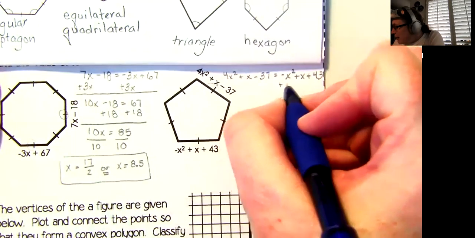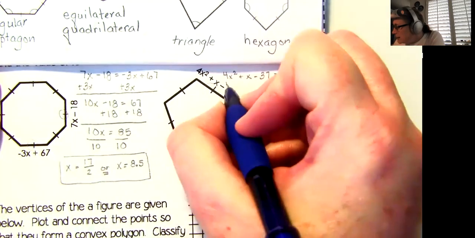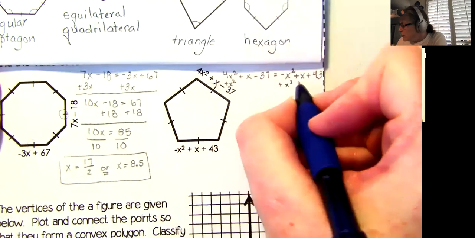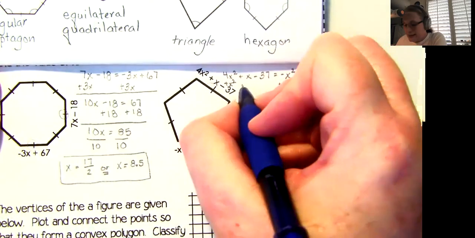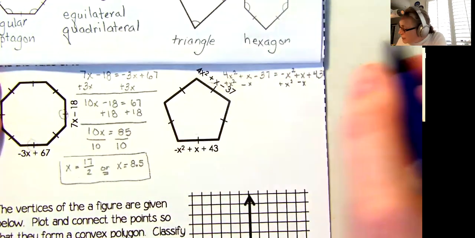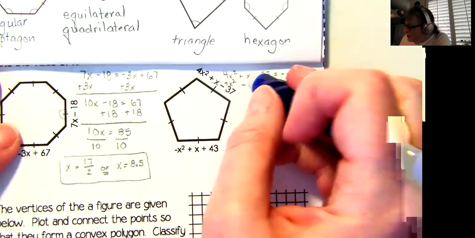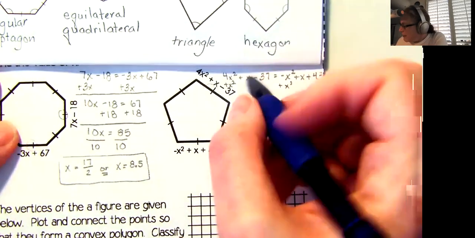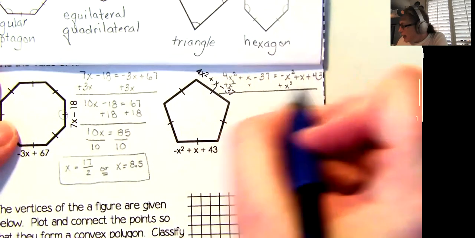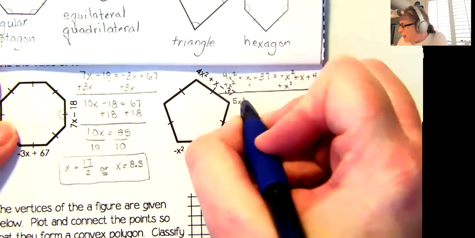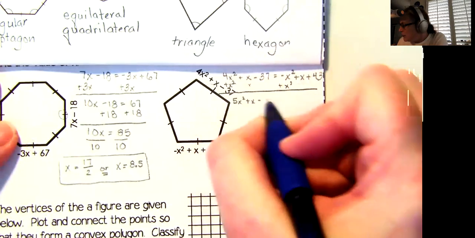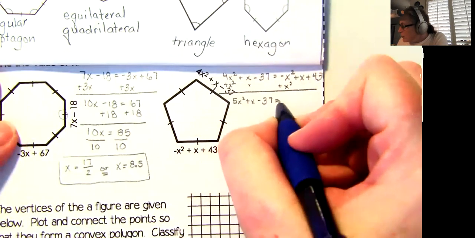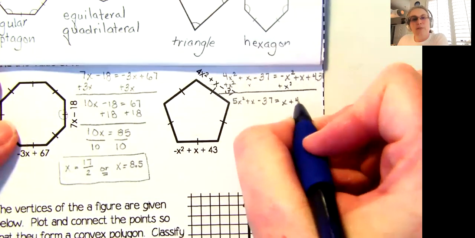So I'm going to add my x squared, 4x squared. Let's just move the x squareds first. And when I do that, I get 5x squared plus x minus 37 equals x plus 43.